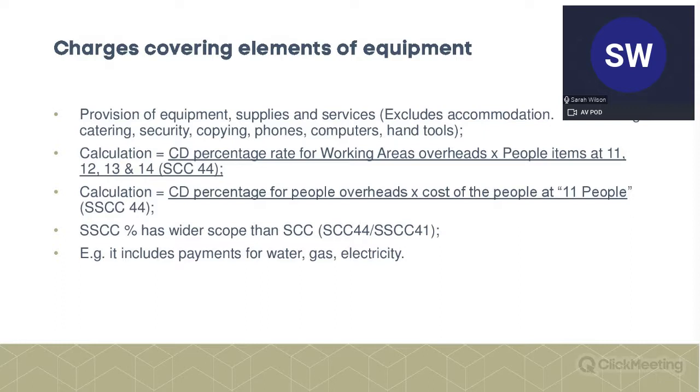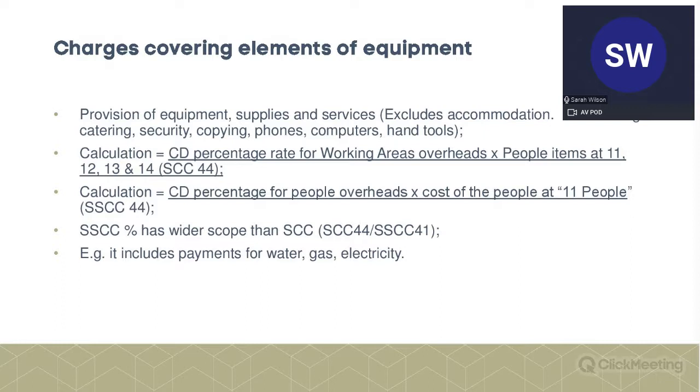So in both cases, you will have a percentage, or hopefully you will have a percentage in your contract data, whether you're on the schedule of cost components or the shorter schedule. And in both situations, the percentage is applied to the people cost for that item.